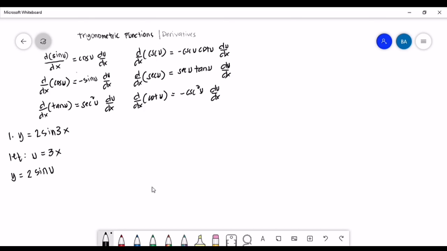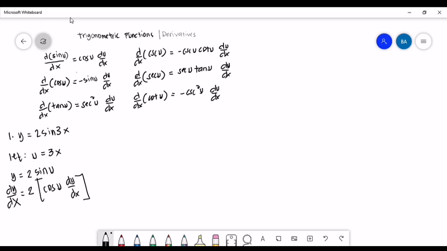To find the derivative with respect to x, under the constant multiple rule we take out the 2. Then the derivative of sine u with respect to x, we apply the first formula, which equals cosine u du dx.